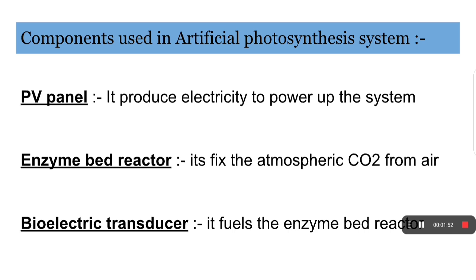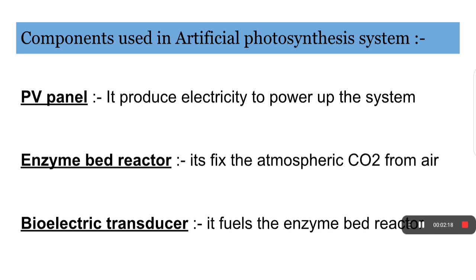Now the enzyme bed reactor. This device is used to fix the atmospheric CO2 from the air, for chemical fuel production. The CO2 comes from atmospheric air, or from trees, and there is a need to capture this CO2.